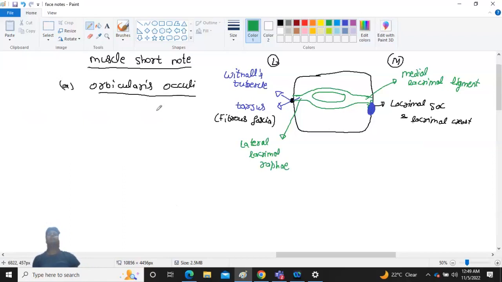So there is a muscle present. This orbicularis muscle has three parts: the outermost, the middle, and the innermost. So first we draw the first part. Turns like this. Here we draw the three parts of the muscle. So this is the outermost part.